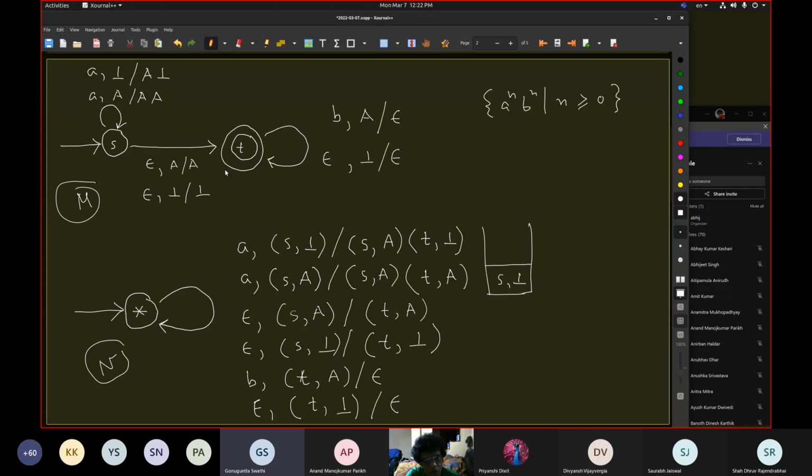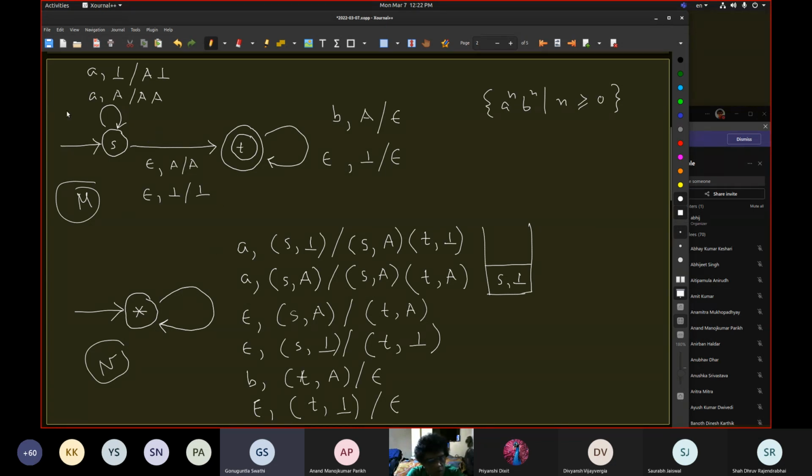But in reality, more complex machines may have multiple states where we can do both push and pop, and it may come back from S to T and then again T to S, or from S to P to Q to T, and then again back to S. This kind of general behavior is possible.